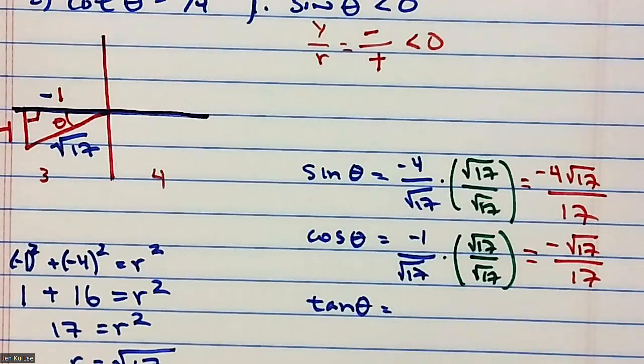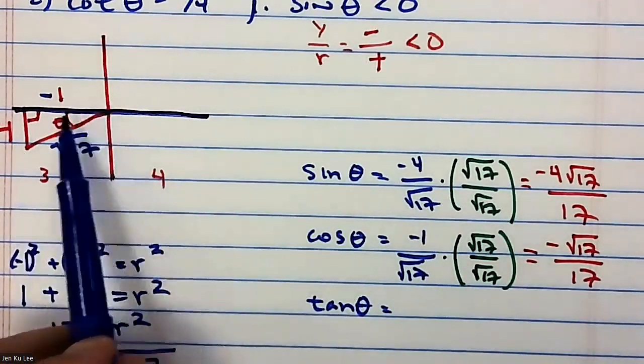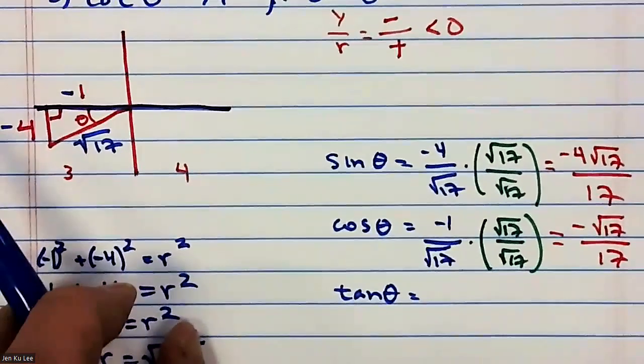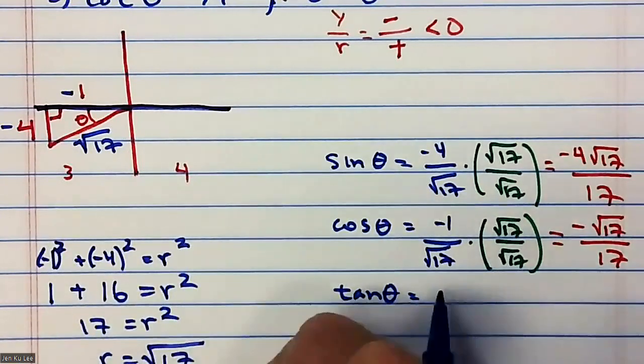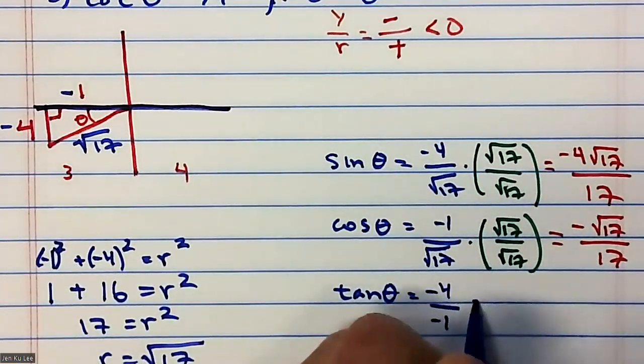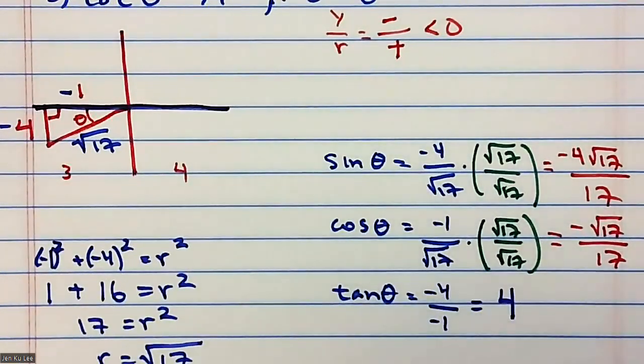Tangent, which is y over x, is negative 4 over negative 1, which is positive 4. Okay, any questions on these 3?